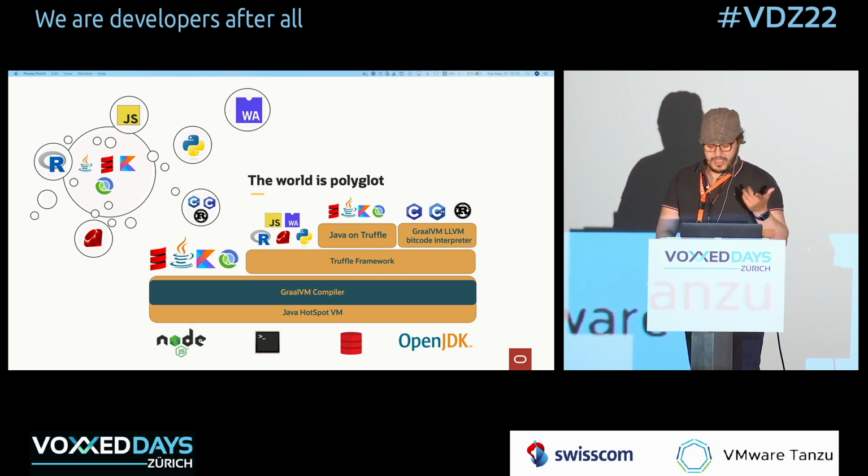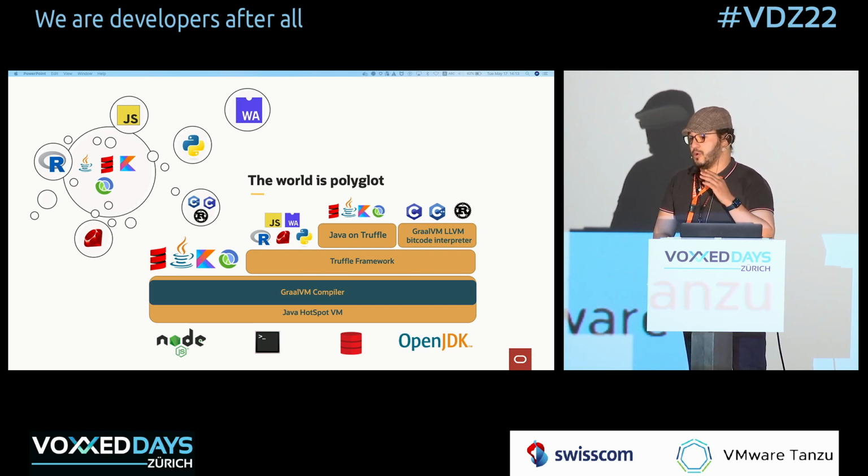So GraalVM can be used on top of the JDK or on top of Node.js, replacing, for example, V8 with GraalJS. But you can still also run polyglot programs in JavaScript. Like, let's say I have a JavaScript application that I want to use Pandas with.